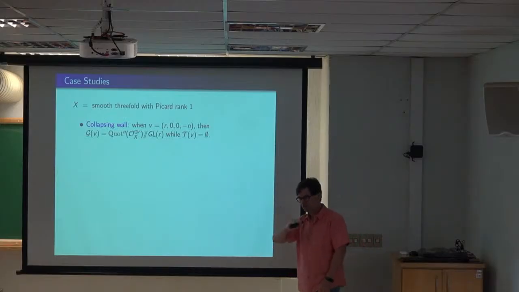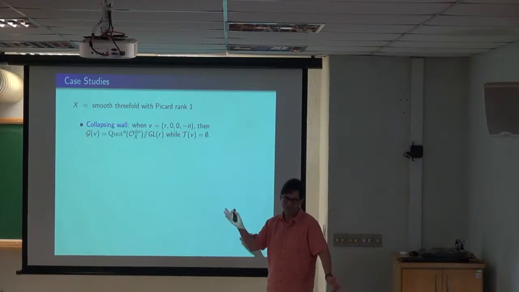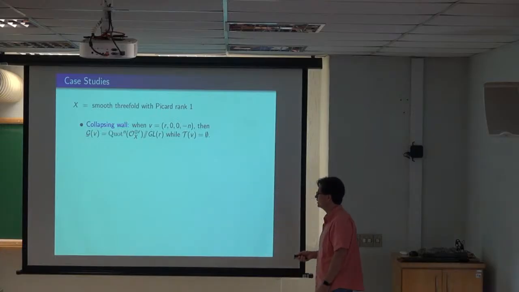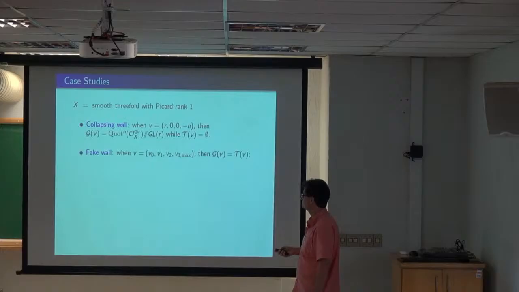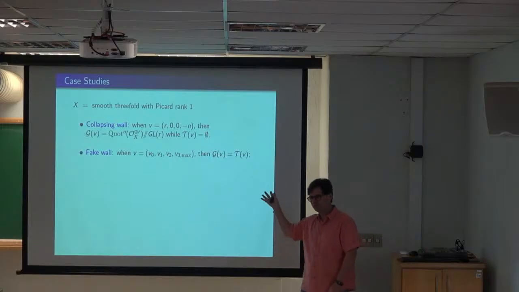That's one version in which the wall crossing is the most radical, because nothing goes to the other side of the wall. Nothing survives. Then there's the other extreme possibility, which I call a fake wall, in which the moduli of stable objects doesn't change.